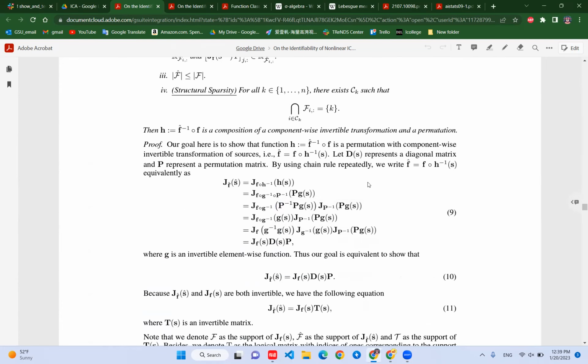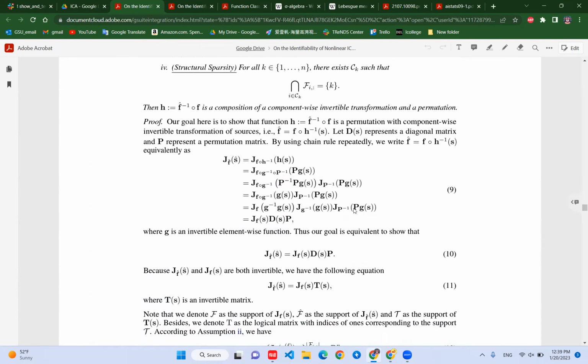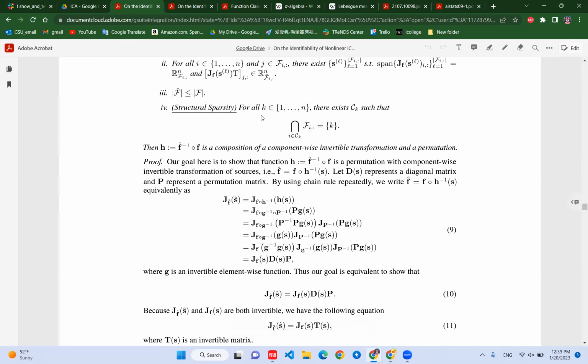There's a proof. What do you mean component wise? Okay, what if we assume that this is true?